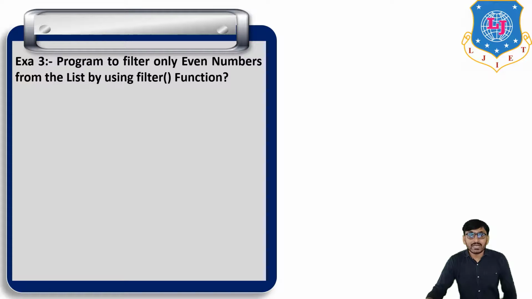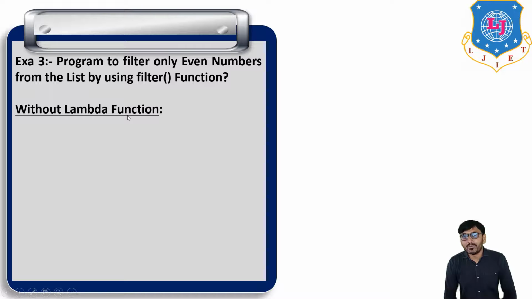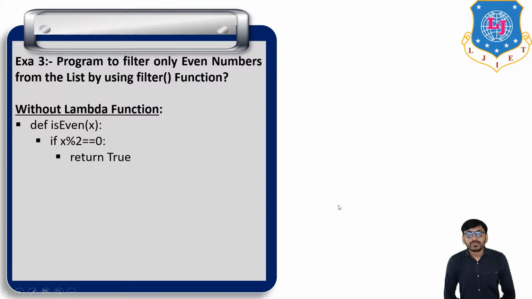Now example number 1 of filter: a program to filter only even numbers from a list by using the filter function. First we find it without a lambda function, and then with a lambda function. So def is a keyword which is used for representing a function, and the function name is even.